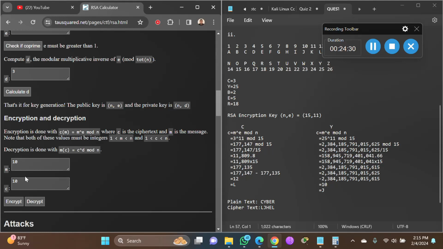Wait. We need to get back to 25, not 10. The cipher is 10. Okay, I understand why it's doing this: in its reverse, this number was big, so we need to be wrapping it around until we get to 25.